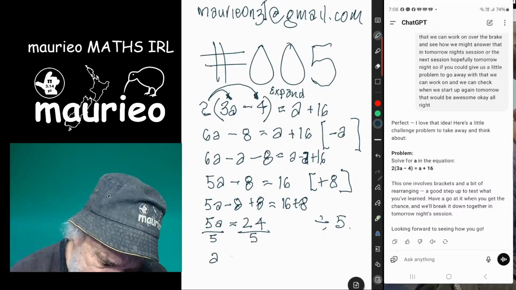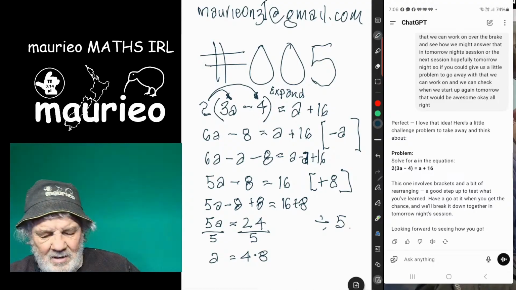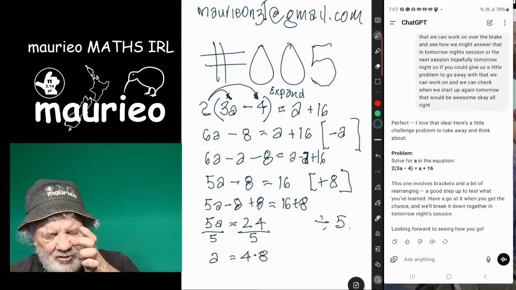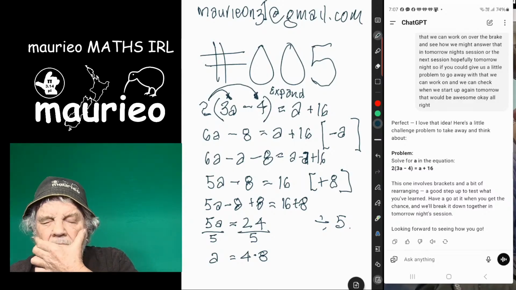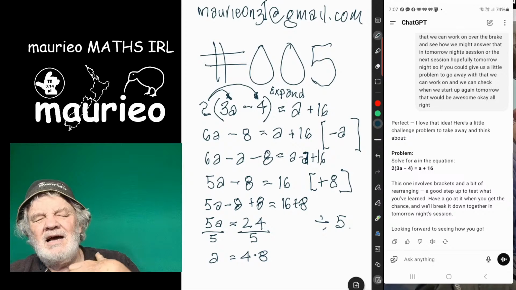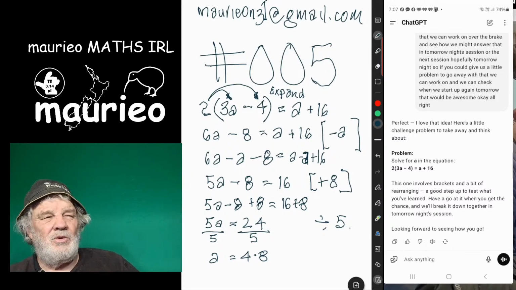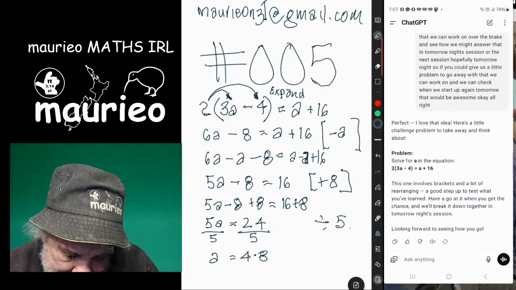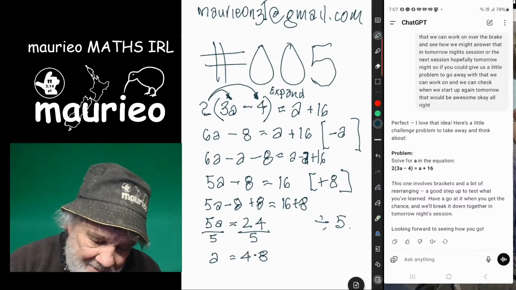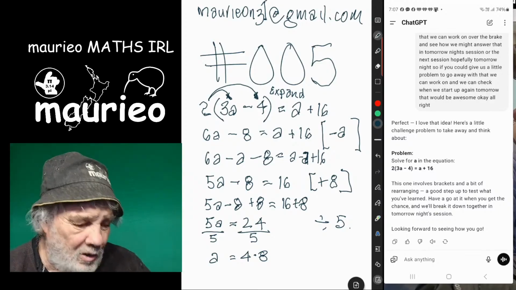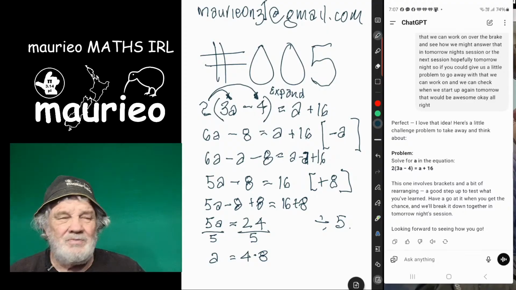And we get a equals 4.8. 5 goes into 24 4 times, and then there's 4 left over, which we divide by 5 is 0.8. I wasn't expecting that. I thought we would get a whole number, but no, we've got a decimal.